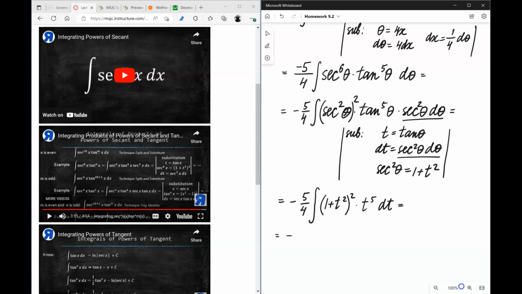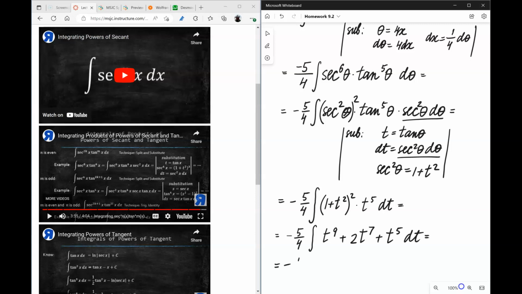So we have to write it in standard form. We're going to distribute everything. So we have here t to the power of 4 times t to the power of 5 is t to the power 9, plus 2 times t to the power 5 is t to the power 7, plus 1 times t to the 5 is t to the 5.